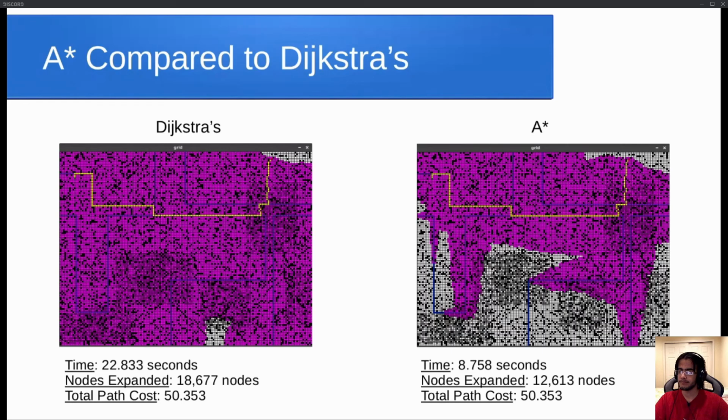To find that path, it took just under 23 seconds and expanded 18,677 nodes for a total path cost of a little over 50. In contrast, the A-star algorithm took just under 9 seconds to run, expanded 6,000 fewer nodes, and still had the same path cost. So you see a really drastic time decrease with A-star.